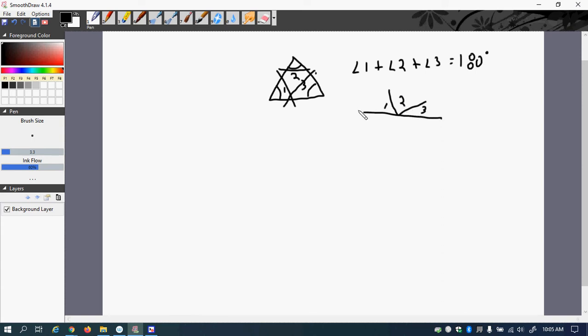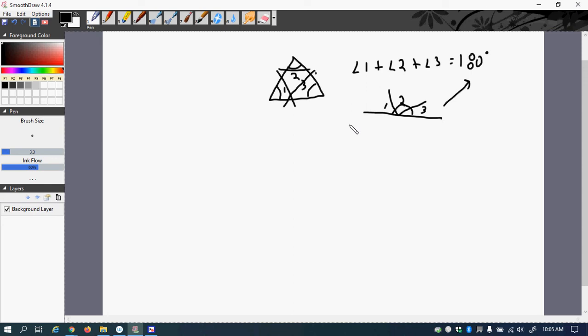But you create this straight linear line, which means that if you were to measure with a protractor from here to the other side, it is 180 degrees. And that's true for all triangles. So if you try that out at home, you'll find that that works.